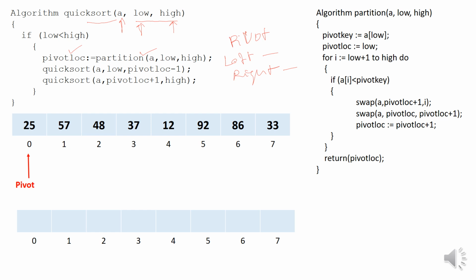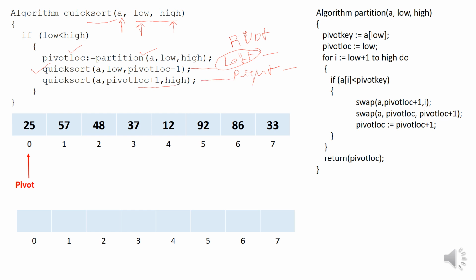Now we have to repeat the same quicksort method on left array. Quicksort(A, low, pivot location - 1), that is, pivot is fixed in its proper position, pivot location. Low to pivot location - 1 is left array. Pivot location + 1 to high is right array. So apply quicksort method on left array and apply quicksort method on right array.